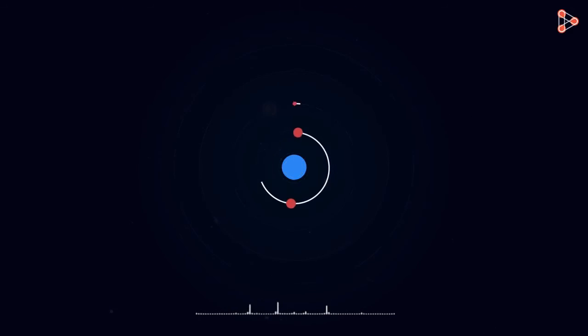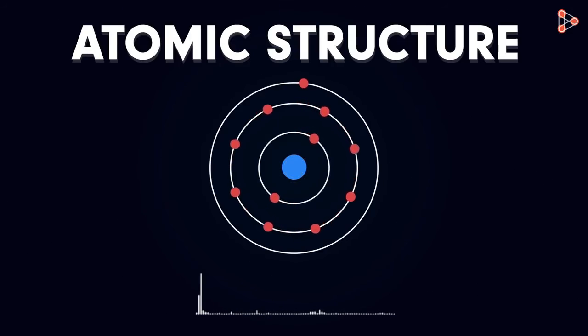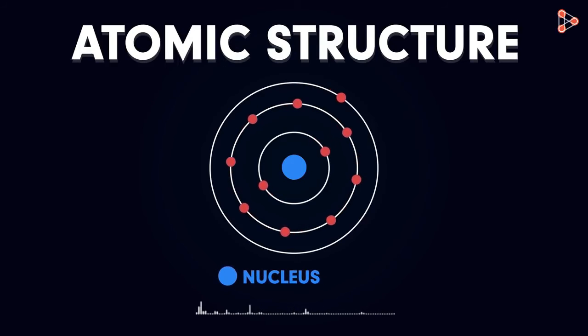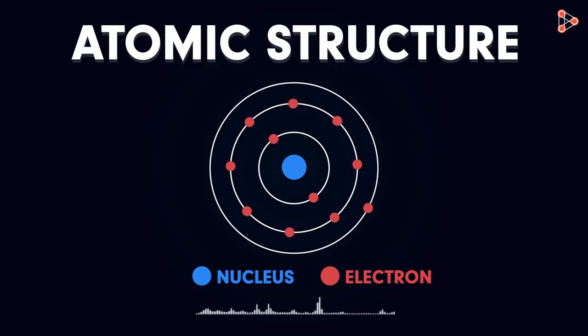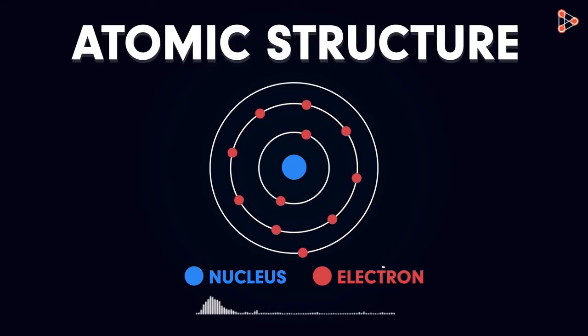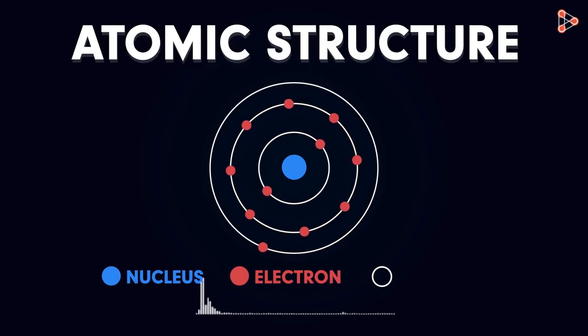In a similar way, we have the atomic structure. The nucleus acts like the sun located at the center, and the electrons like planets which revolve in fixed, defined orbitals. These electron orbitals are referred to as cells or energy levels.